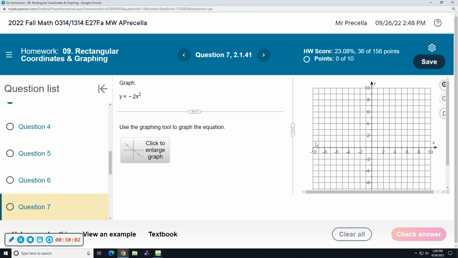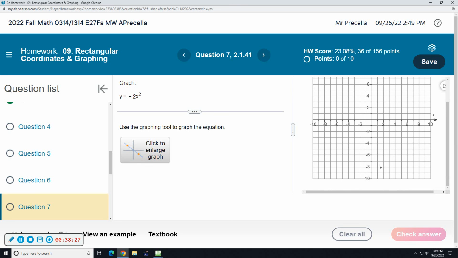But realize, look at this grid that we have. Any point we generate has to fit on this little grid here. So you can't decide, oh, I'm going to plug in 10. I was asking the Tuesday-Thursday class, and I think someone said they wanted to plug in 5. Well, 5 squared is 25 times negative 2 is negative 50. Can we label a y coordinate of negative 50 on this grid?